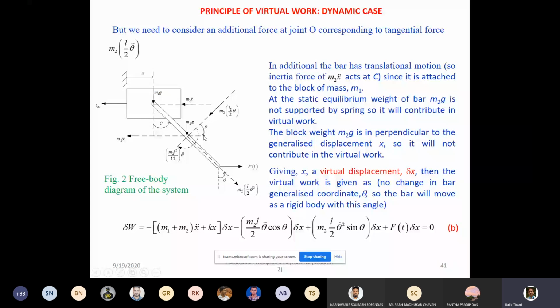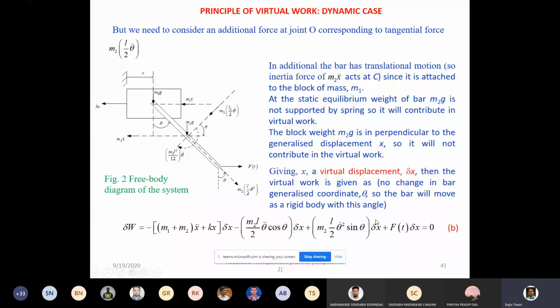So this is due to the tangential inertia force. Then this is the centrifugal force which is acting here. The component of this in the horizontal direction will give the virtual work, because the whole pendulum is moving in the horizontal direction by delta x, and here the direction is positive, so that's why virtual work is positive here.